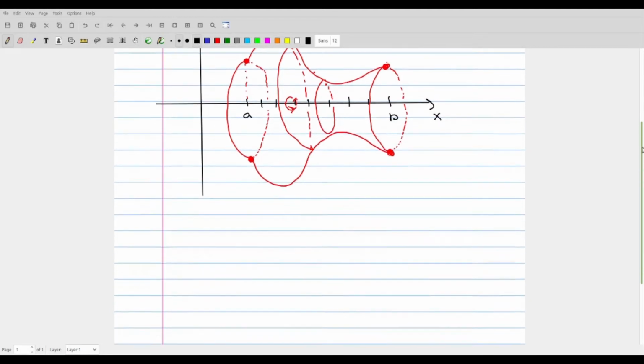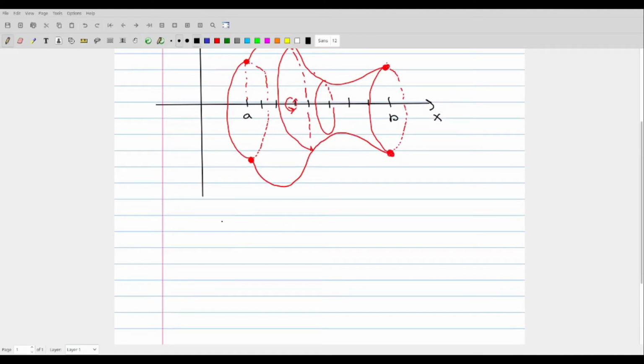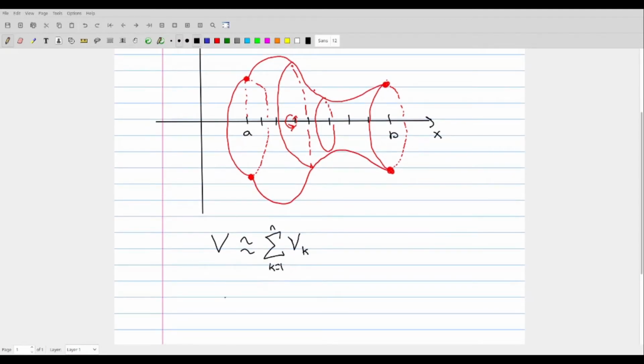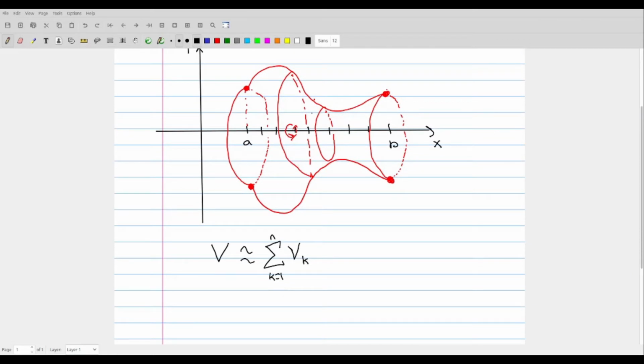Specifically, we want to be able to say that the total volume contained in this surface of revolution, we'll call it V, is going to be approximately equal to the sum of n smaller segments, we'll call them each Vk, where each of these smaller segments approximates the volume contained in a surface of revolution of a piece of the partition.